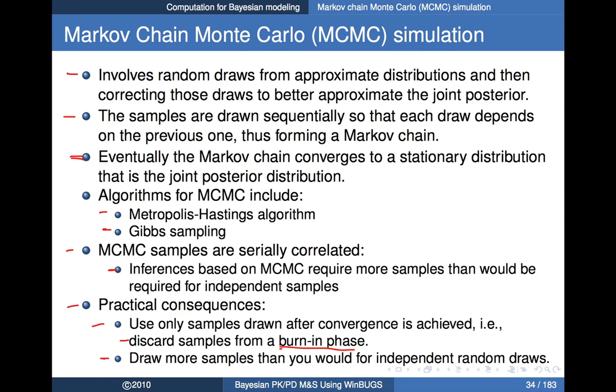It also means we have to think about issues of convergence when we evaluate the results of what we're working with, and we'll talk more about the specifics of that shortly. And we also have to figure out, we know we need to draw more than we would for independent random draws. The question is how many more, and how might we judge that? And again, we'll spend some time on that.